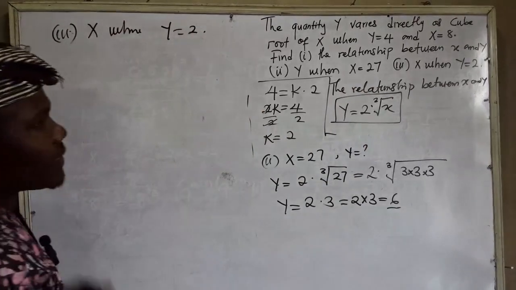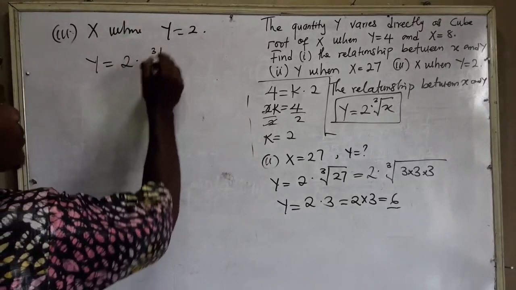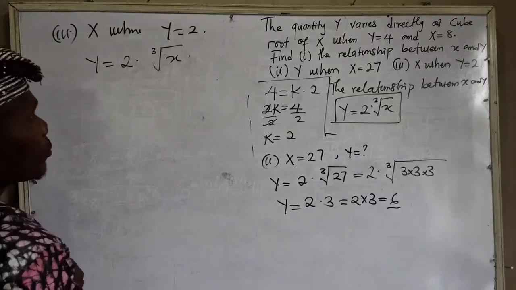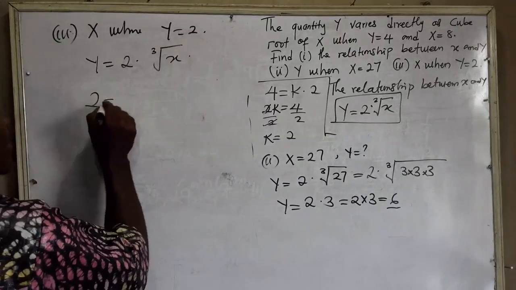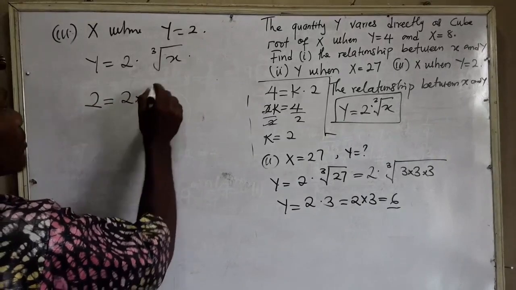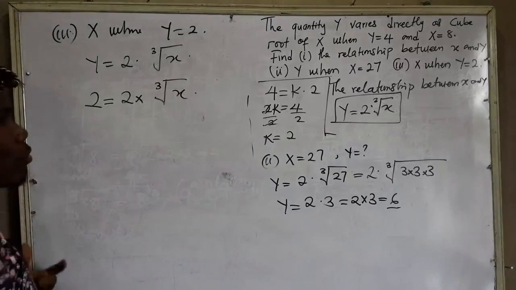So you firstly write out the relationship, y is equal to 2 dot the cube root of x. So since they say y is equal to 2, you put 2 here, is equal to 2 times the cube root of x.